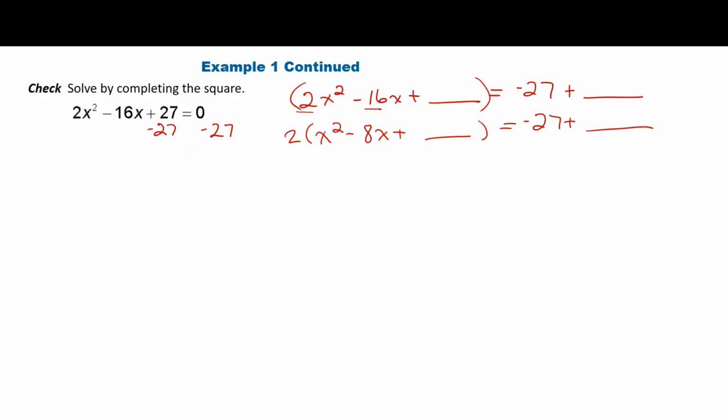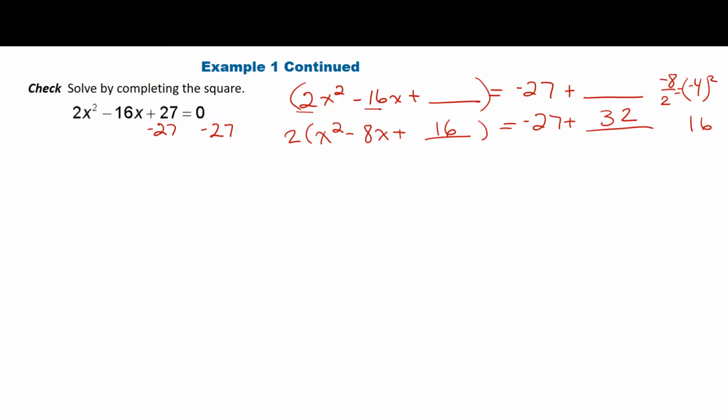All right, so what is that number going to be? Well, it's going to be negative 8 divided by 2 equals negative 4, and negative 4 squared equals 16. So I'm going to add 16 to both sides. But actually, I added 2 times 16, which is actually 32. All right, so once I have my 32 there, now I can factor this.